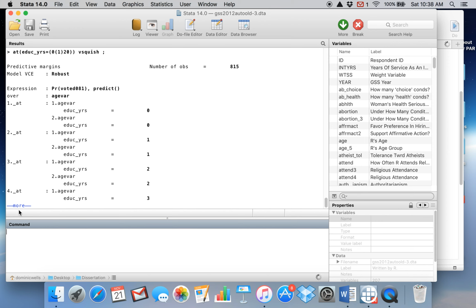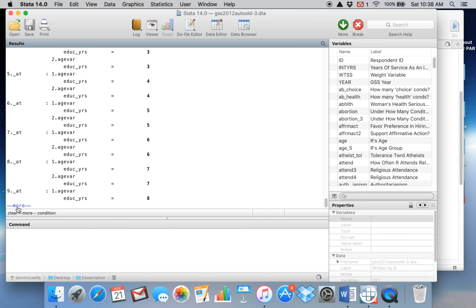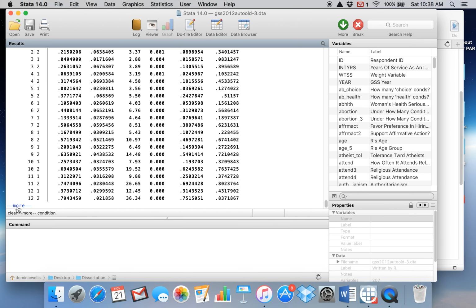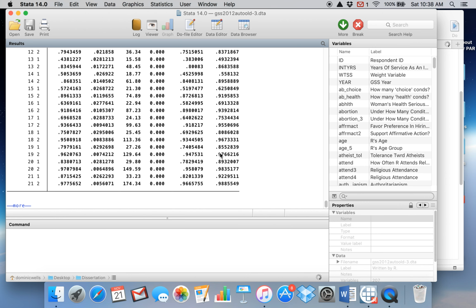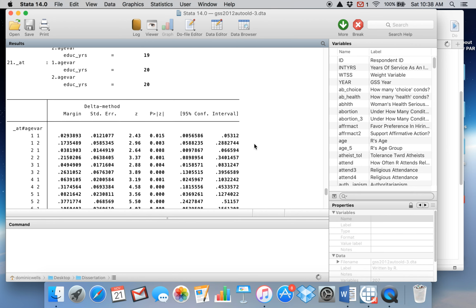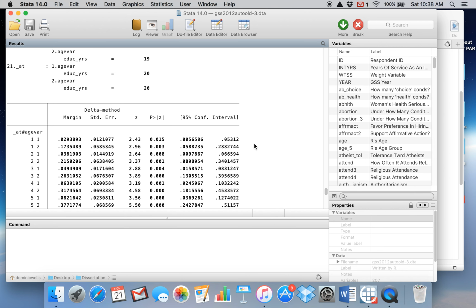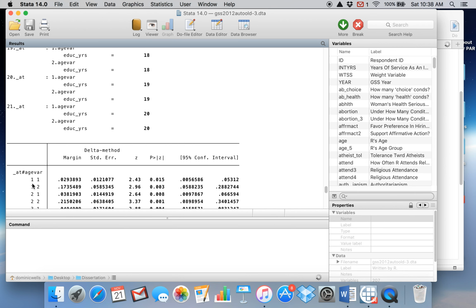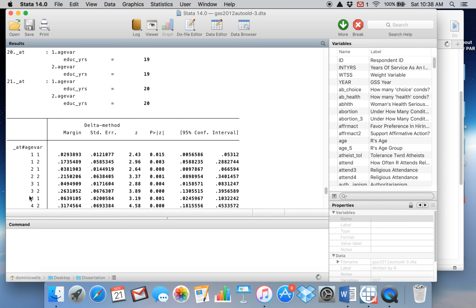Okay, so this is going to spit out a lot of stuff. You have to hit more. Okay, so now what you see here is similar to what we just had. However, you get 2 values for every year of education.